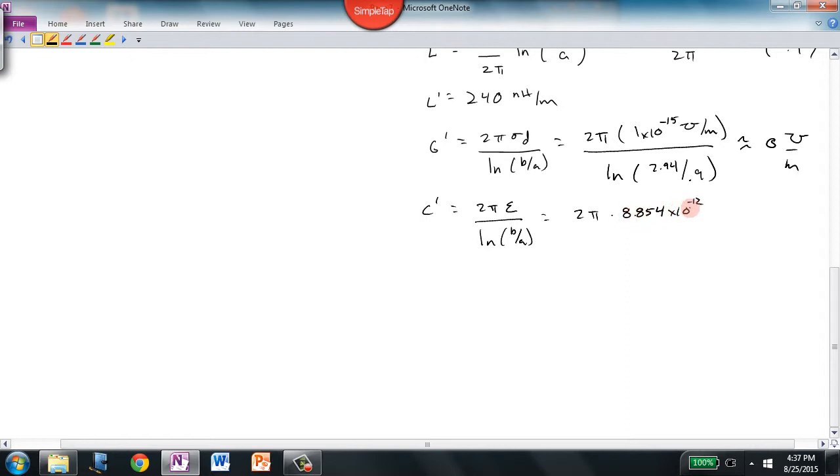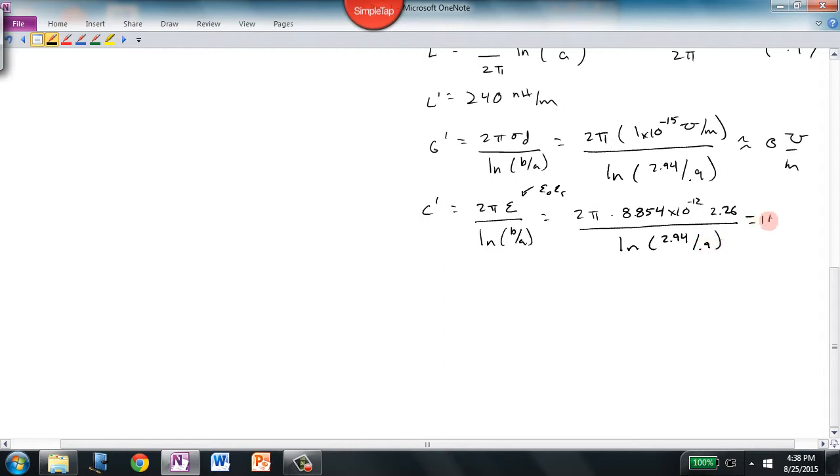That's the vacuum electric permittivity. We now need to multiply by the relative electric permittivity of polyethylene. You'll also find that in the appendix that I gave to you. Turns out that it is 2.26 for polyethylene. And again, we just divide by the natural log of 2.94 divided by 0.9.